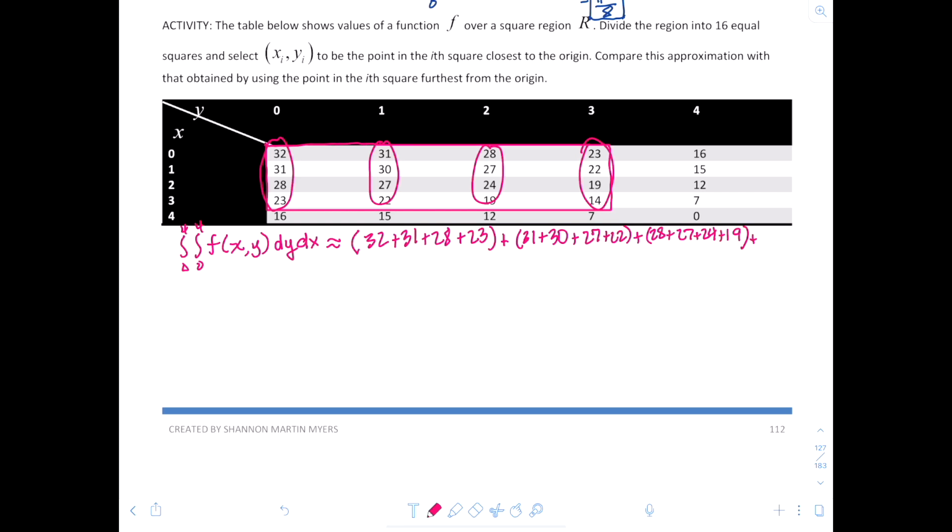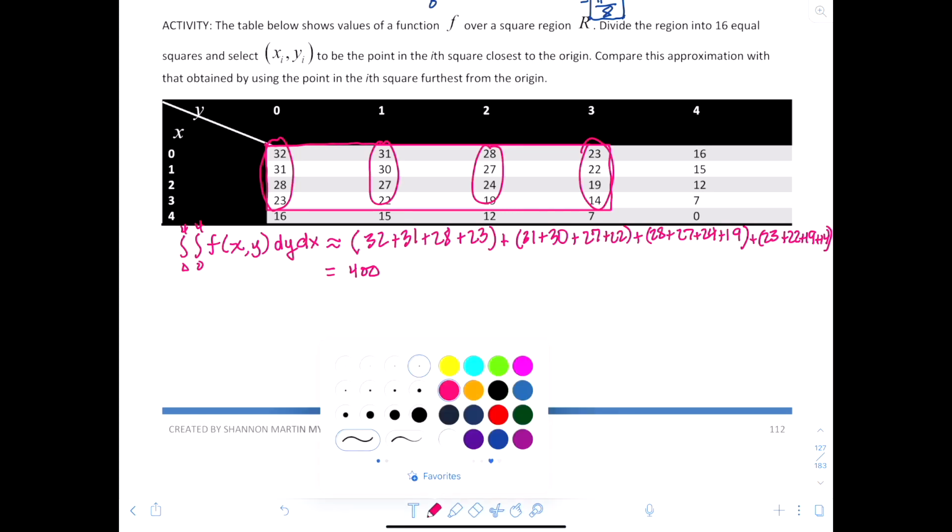And then our last would be plus 23 plus 22 plus 19 plus 14. And that ends up giving a result of, if I computed it correctly, 400. Okay. So that was using the left lower endpoint, right?